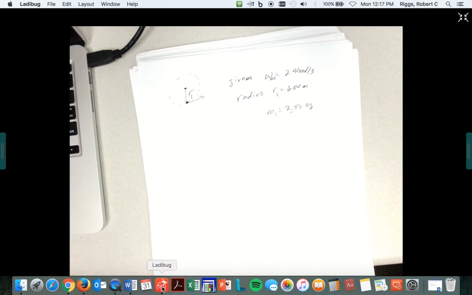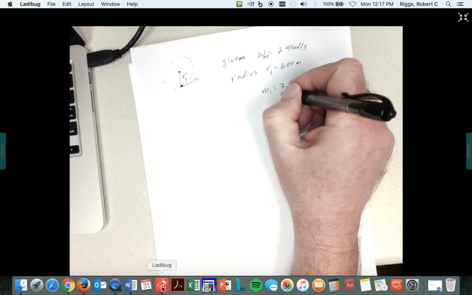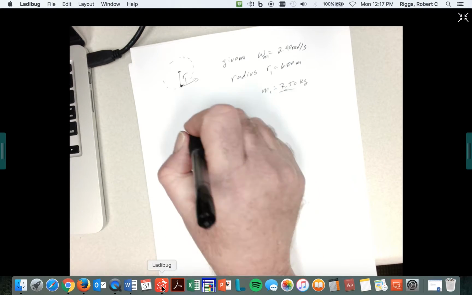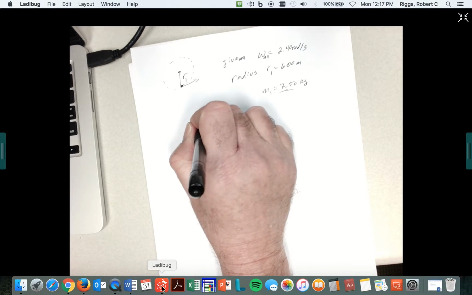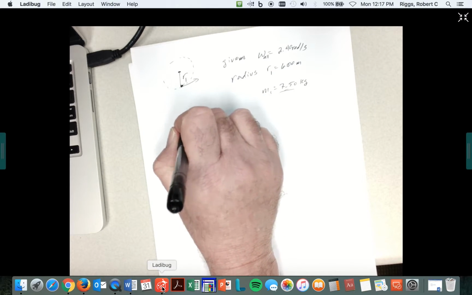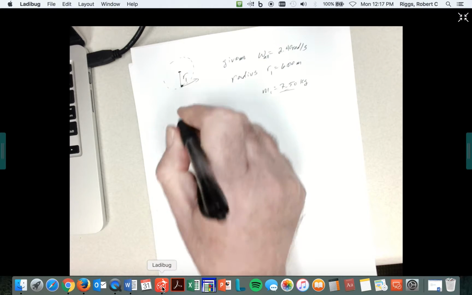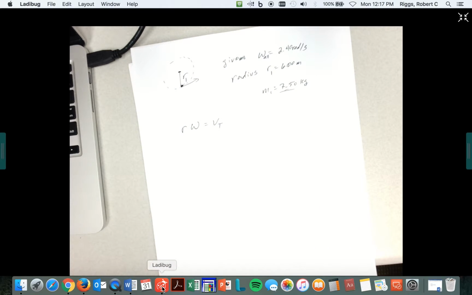Obviously they want the answer in 3 sig figs at least because they've got 3 sig figs listed there. So let's take a look. We've got r1. How do we find that tangential speed? Well, I know that omega times r equals either the axial speed if it's rolling along, or just the tangential speed if it's stuck and spinning.